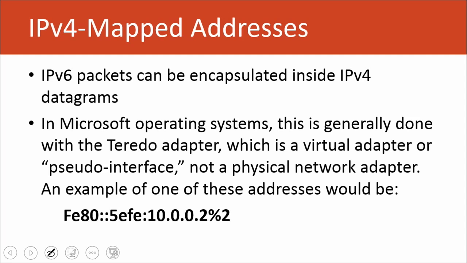An example of these addresses is located below. This is kind of crazy, but we basically take an IPv6 packet and wrap it inside of an IPv4 datagram, send it along, and then that pseudo interface, that virtual adapter, is going to unwrap the IPv6 packet, and then data is going to move along with processing.